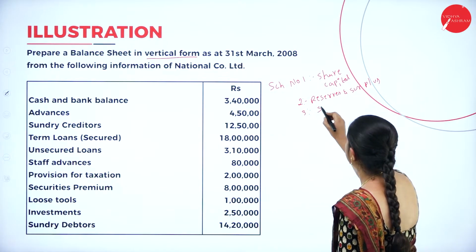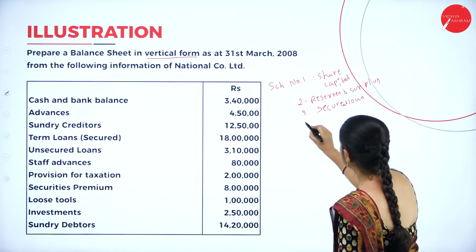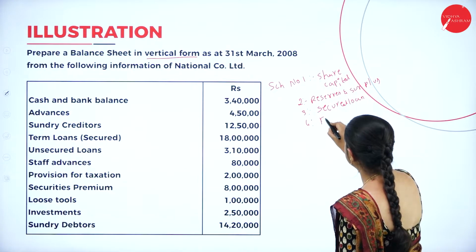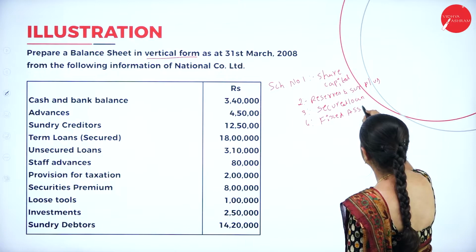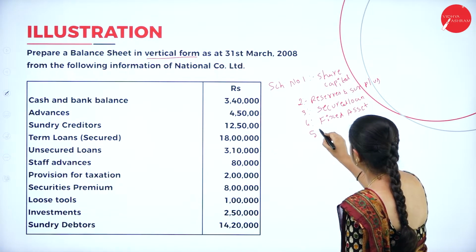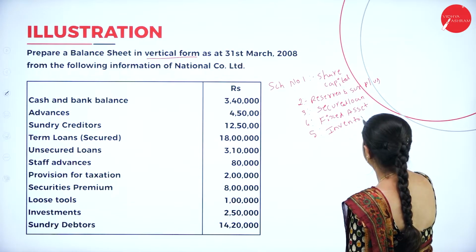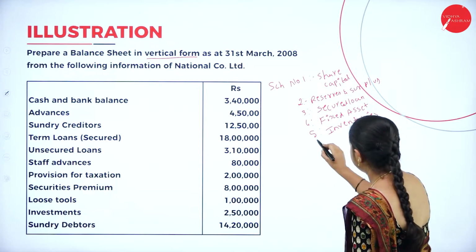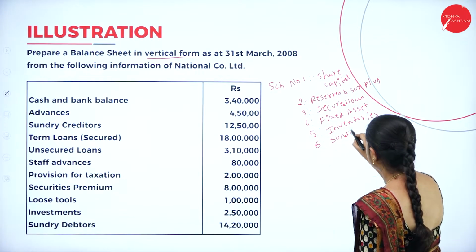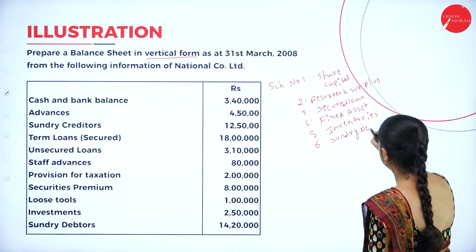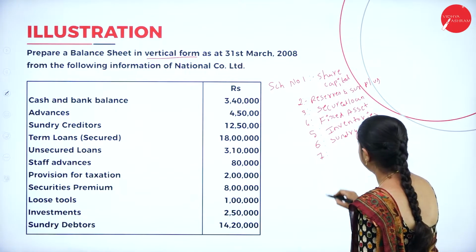Schedule 3, secured loan. Schedule 4, fixed assets. Schedule 5, inventories. Schedule 6, sundry debtors. Schedule 7, cash and bank.